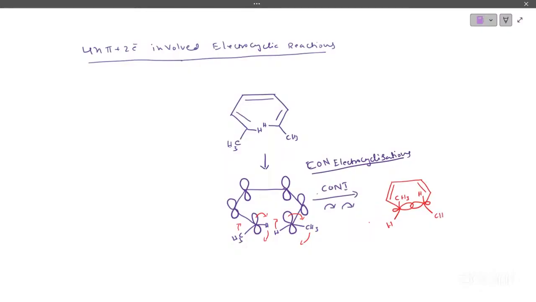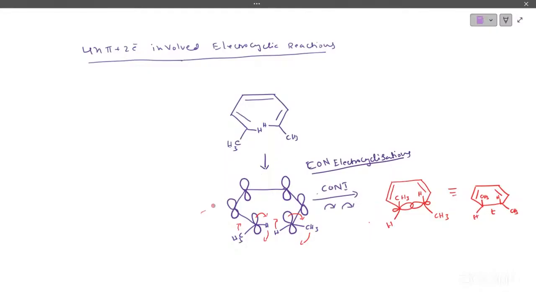Then to write the molecule: CH3, hydrogen, CH3, hydrogen. Look at here. These two methyl groups are opposite to each other. Therefore, this is the trans product. This is the trans product.